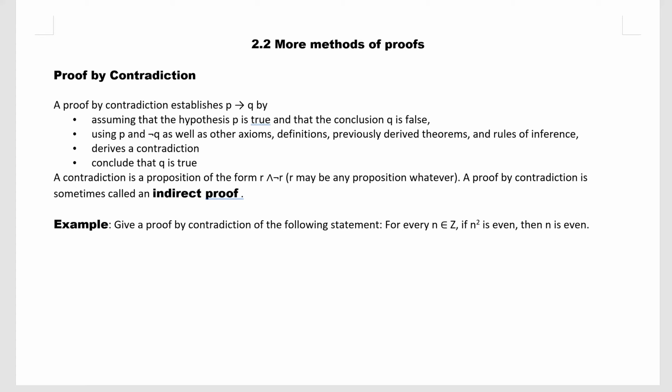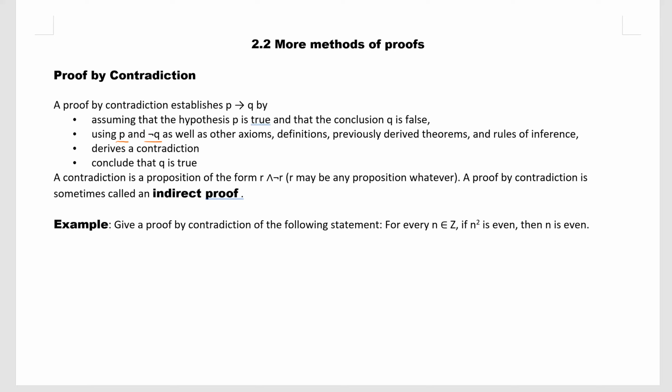Then we use P and not Q, as well as other axioms, definitions, previously derived theorems, and the rules of inference to derive a contradiction. Once we get a contradiction, it means our assumption that Q is false is wrong, so Q must be true. A contradiction is a proposition of the form R and not R.